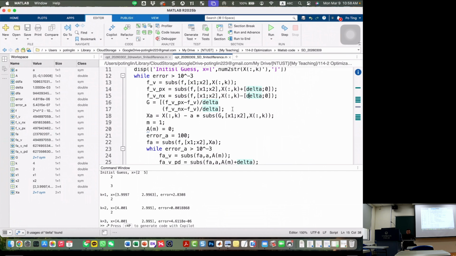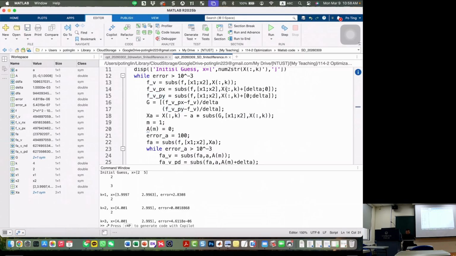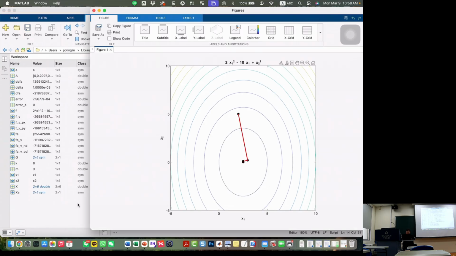No. I did it wrong. I picked up the wrong one. Should be positive and y. So here should be positive and y. Yeah, that's the one. Okay.